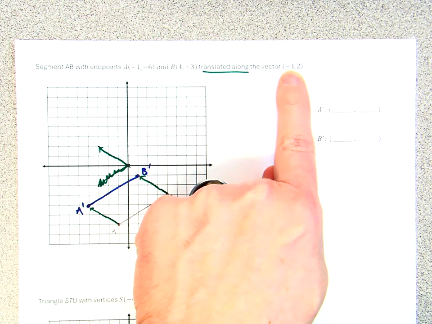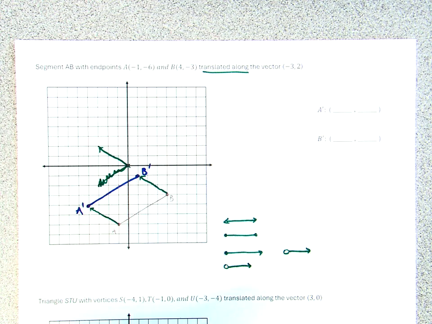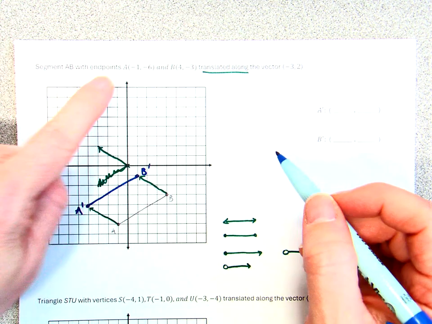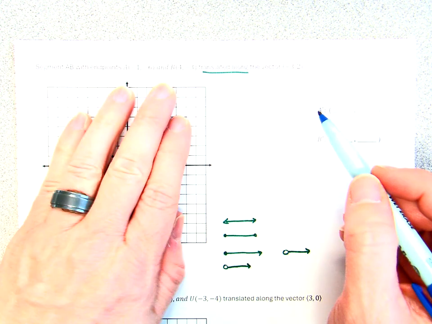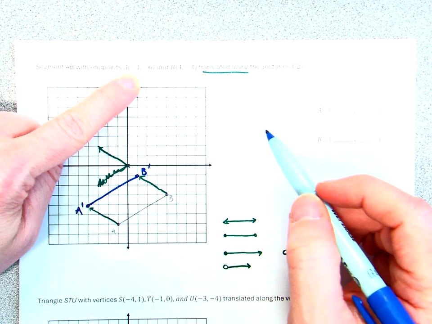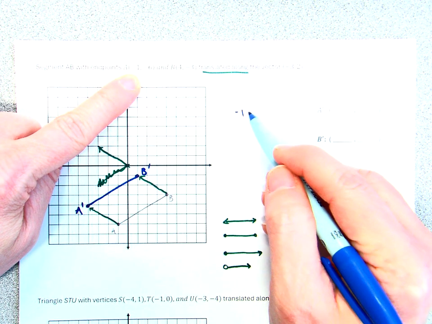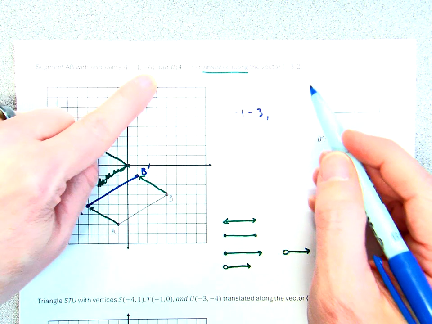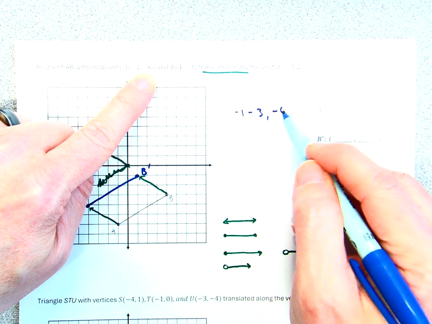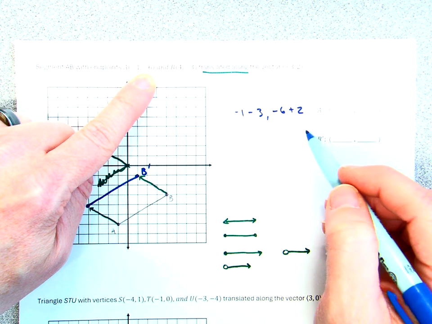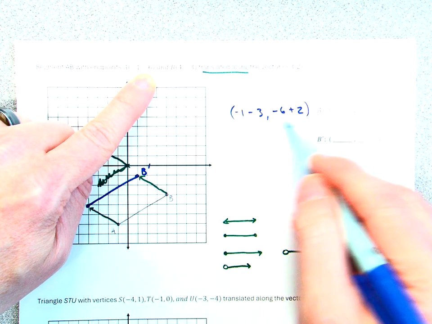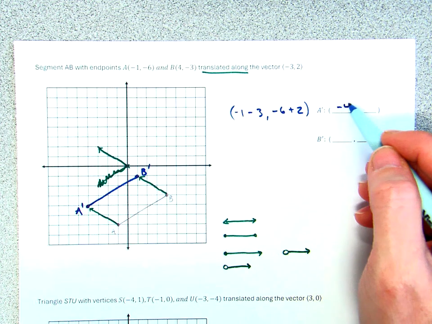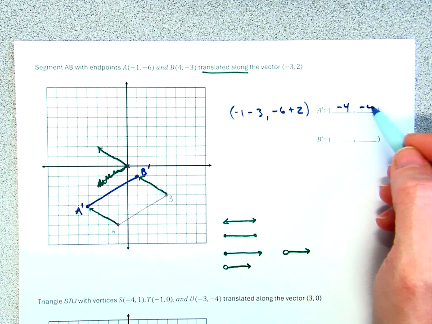So component form just tells us the shift, right? It tells us the shift. So basically, if I didn't want to do this visually, I can say, well, my x value of -1 is just going to be subtracted by 3 units, and my y value of -6 is going to be added by 2 units to get a new location of -4, -4.